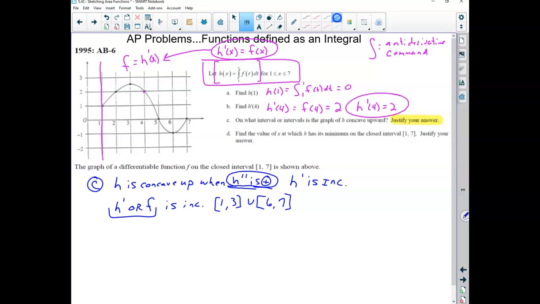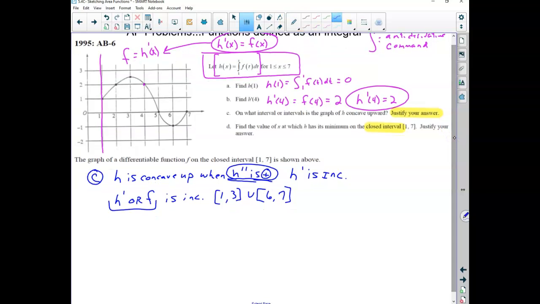Part D, find the value of x at which h has its minimum on the closed interval from 1 to 7. Why did I highlight closed interval? Well, because it's closed. Okay?